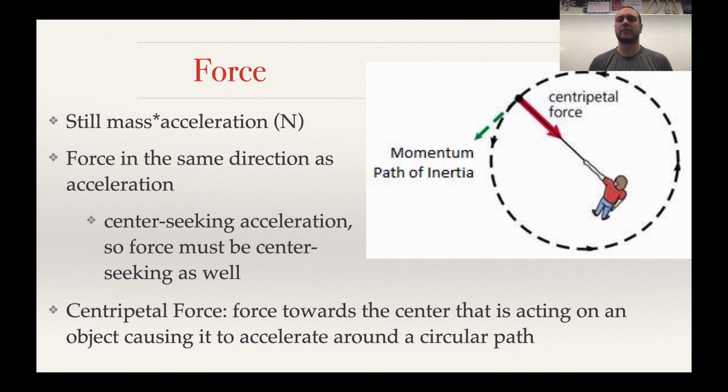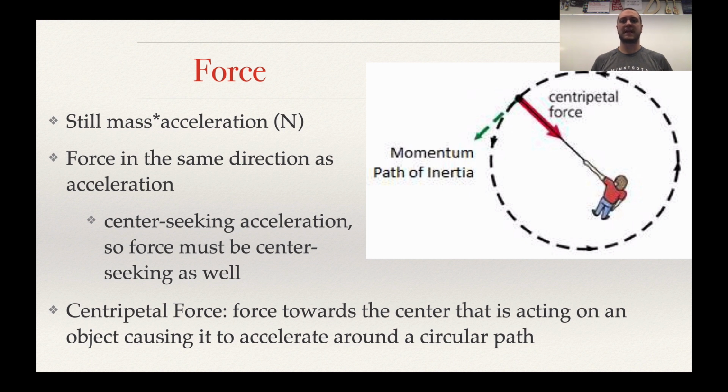So because the centripetal force is acting at 90 degrees with the actual straight line path, that tangential velocity of the object moving in the circle, that's what causes the curvature. Think back to projectile motion. The force pulling on it was vertical. That horizontal velocity stayed constant, so we saw that parabolic curve. Same idea applies here.